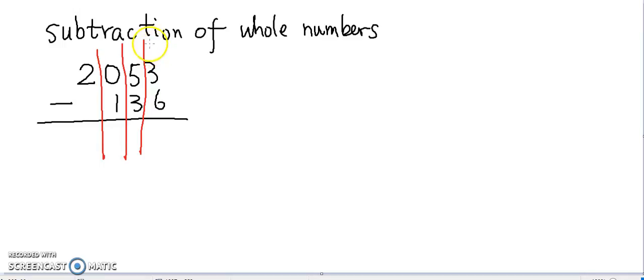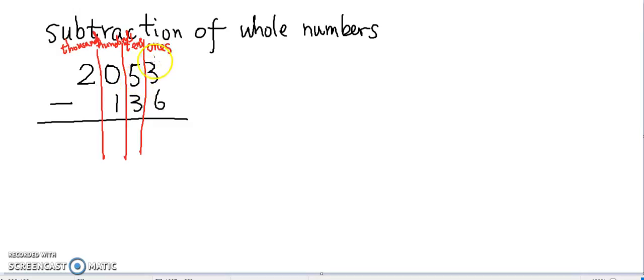The last digit represents how many ones we have, and second to the last, how many tens, and how many hundreds, and how many thousands. As you can see here, we got 3 ones, so $3, and we spent $6. Well, that's not enough, because we cannot take 6 away from 3.